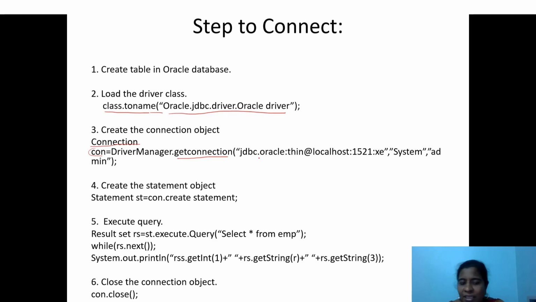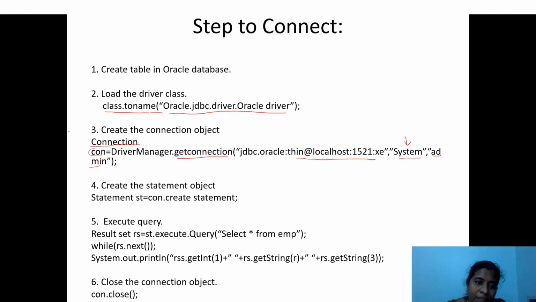Within that, you give jdbc:oracle:thin:@localhost, because where your database is located has to be mentioned properly. Then you give the Oracle username and the Oracle password, so that the connection will be established.